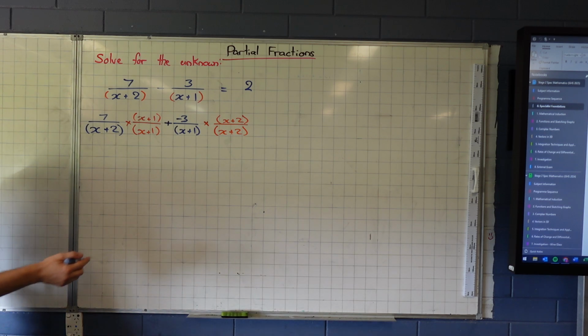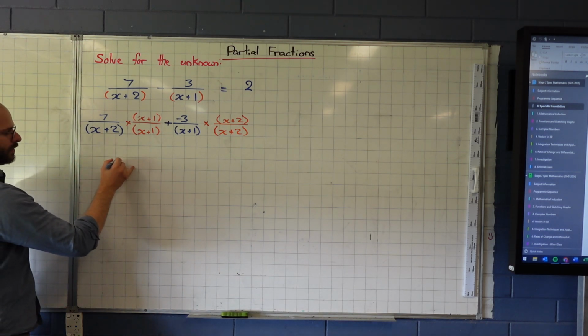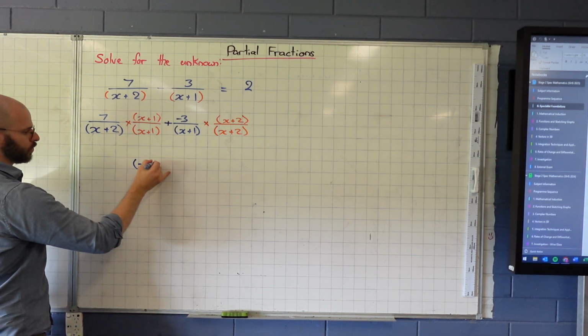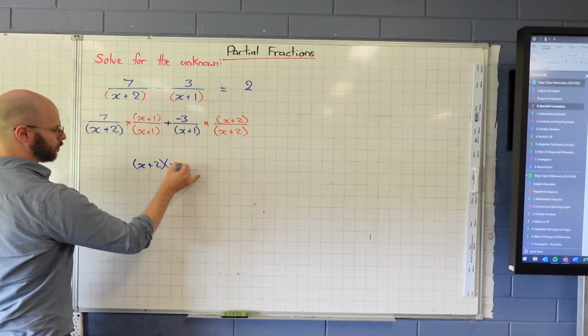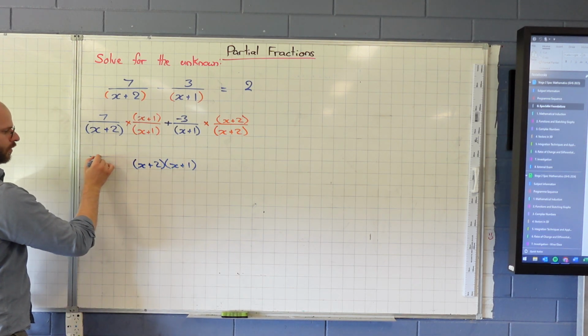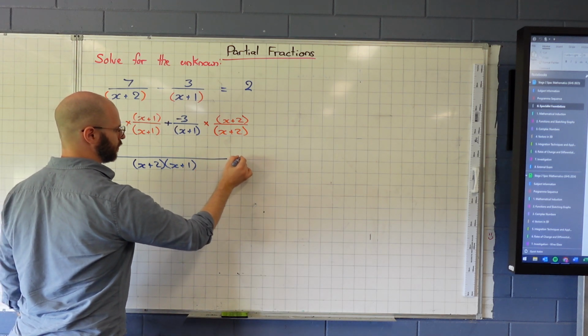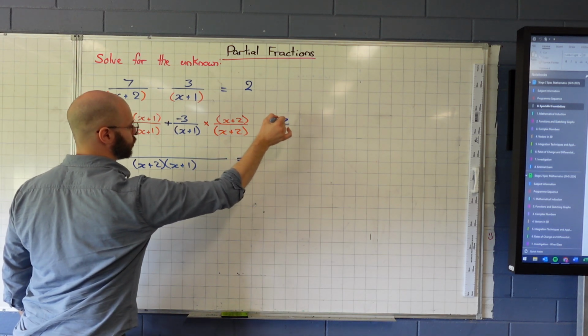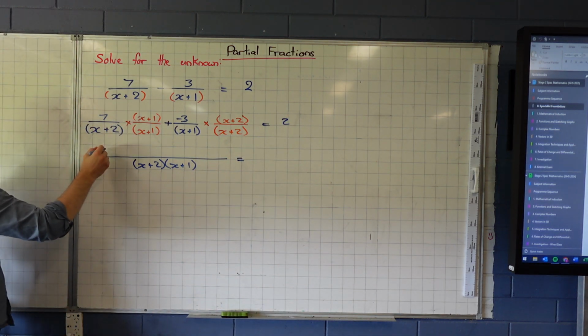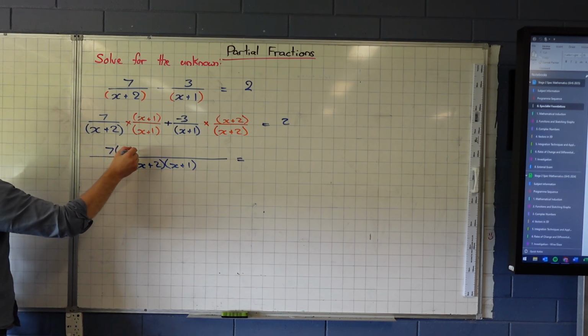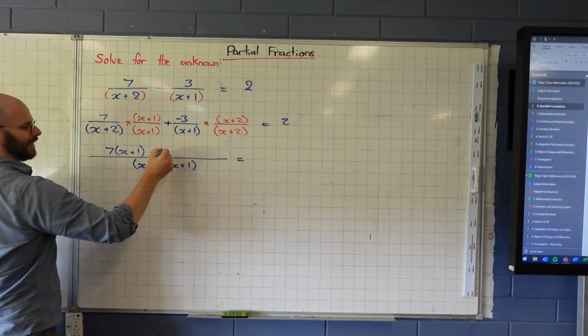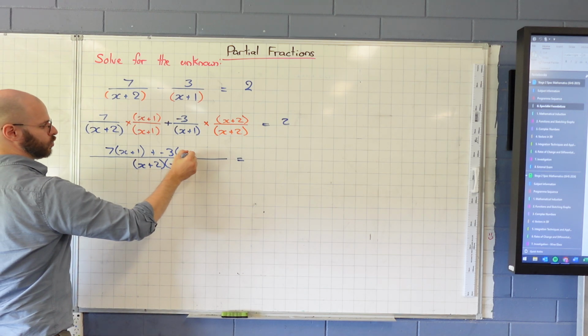Next step, we carry out the multiplication. It becomes downstairs, x plus 2, x plus 1. And then you get something big upstairs. That should be equals 2. Bringing these together, 7x plus 1 plus -3, x plus 2.